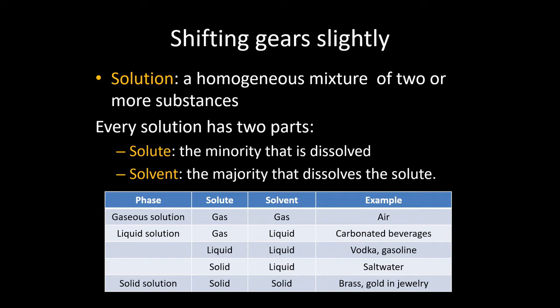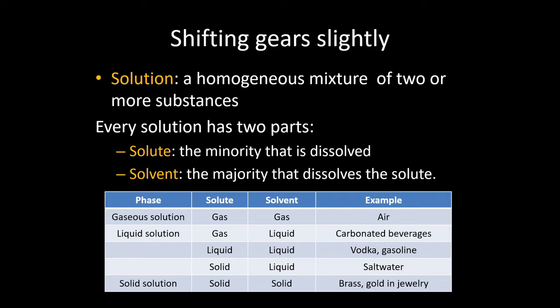There's actually a lot of solutions that are formed from two different phases, where you have maybe a gas dissolved in a liquid, or a solid dissolved in a liquid, or technically even solids in the gas phase. Smoke is technically a solution because you have tiny little solid particles that are evenly distributed in a gas in the atmosphere.